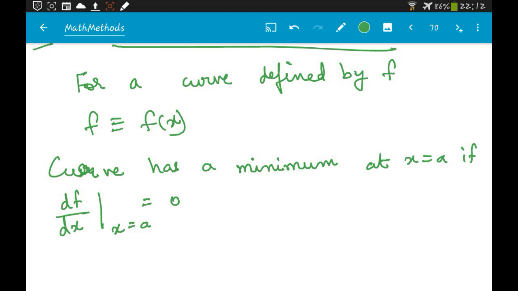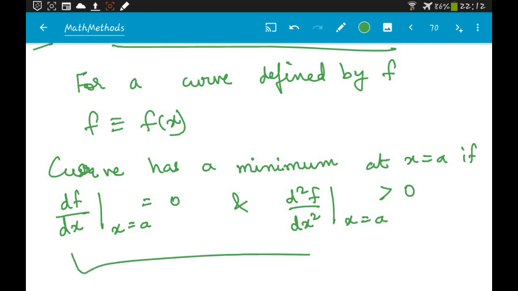So if at x equal to a this gives you 0, then this is one condition. And d²f/dx² at x equal to a is positive. If these two conditions are satisfied, right?